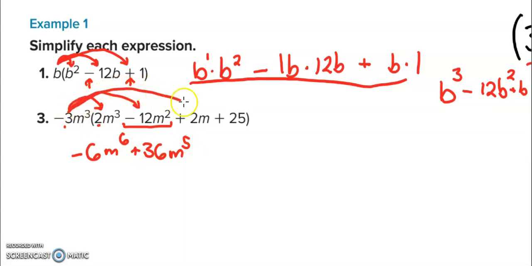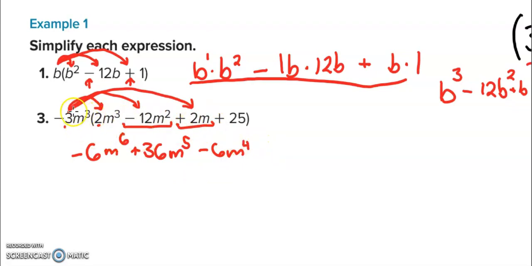And we repeat this process. Negative 3m to the third times a positive 2m. Negative 3 times positive 2, negative 6. M to the third times m, well, that's m times m times m times m, so m to the fourth.